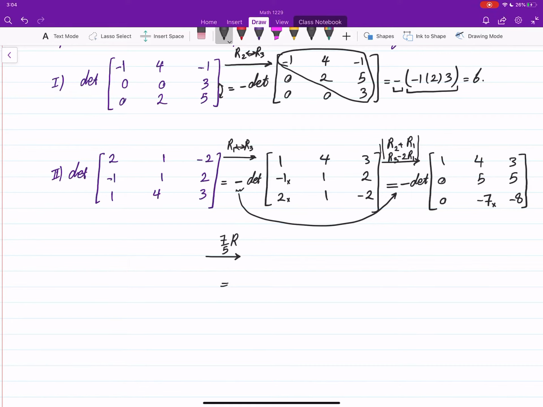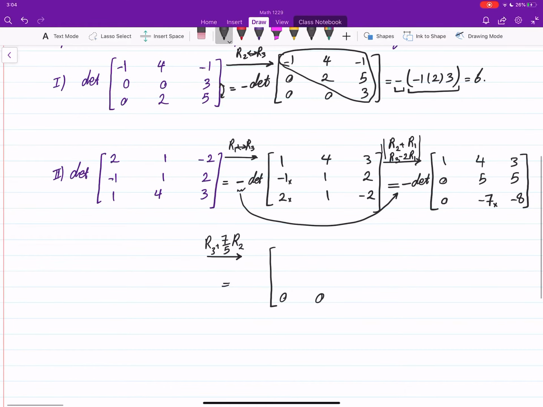So this is row 3 plus 7 over 5 row 2. Okay. So this will make 0, 0 here. 7 over 5 times 5 is 7.